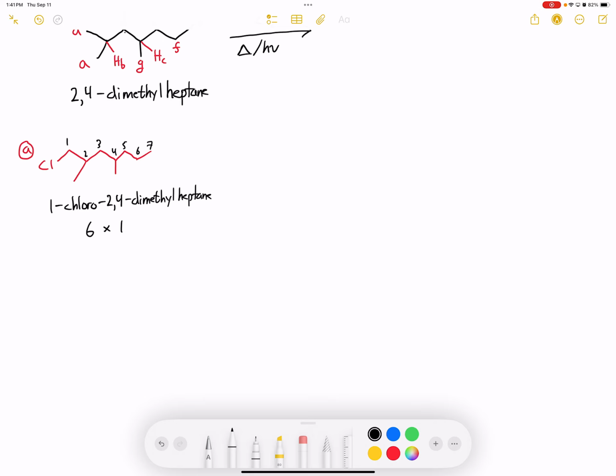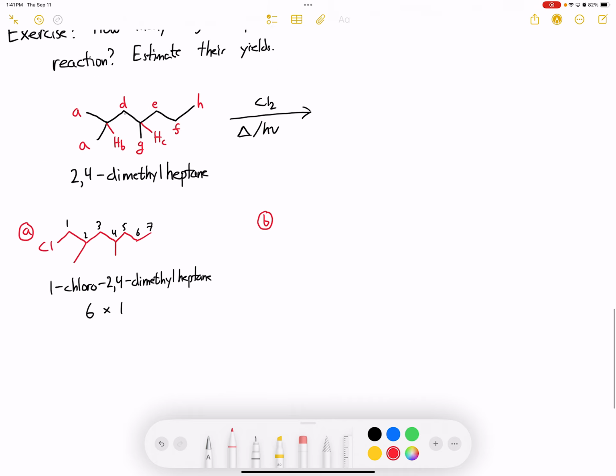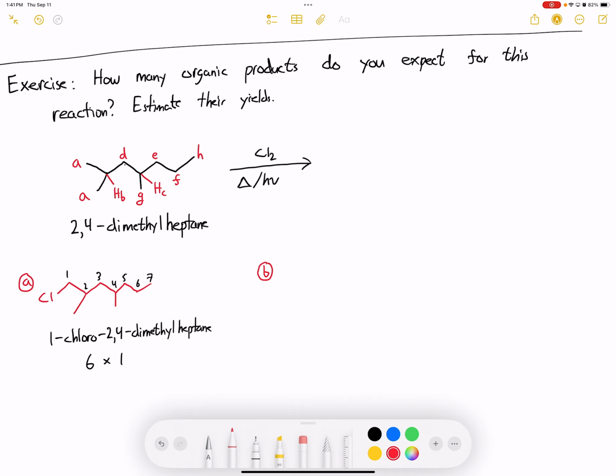Okay. So now let's go to letter B. I kind of have to draw all these first in order to demonstrate what I'm trying to say. So letter B here, instead of HA, I'm going to replace HB now with a chlorine. So now let's draw that. So we're going to get that.